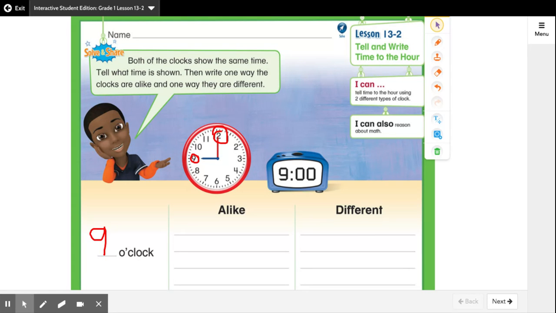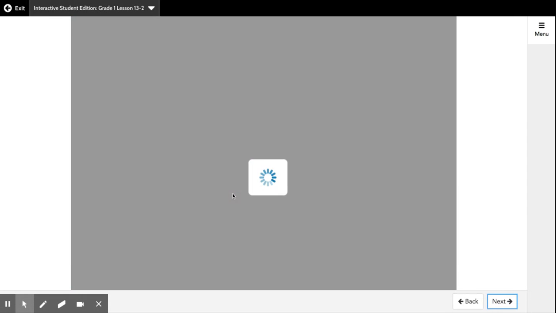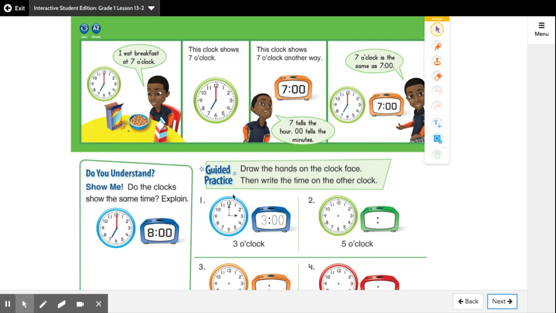Okay, one way they're different is that the analog clock here has hands and the digital one does not. Another way they're different is that the digital has the dots here, which is also called the colon, and there aren't any dots here. All right, so let's explore more of these two different types of clocks.